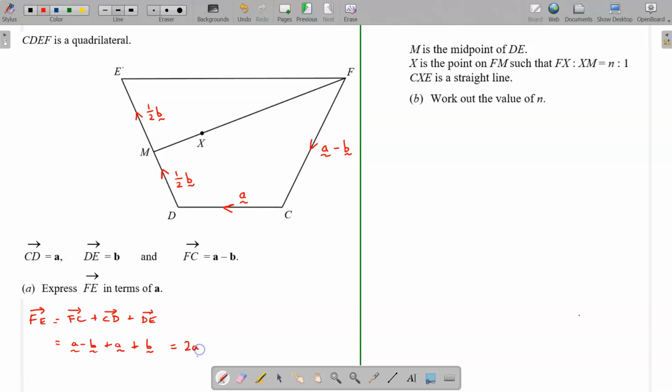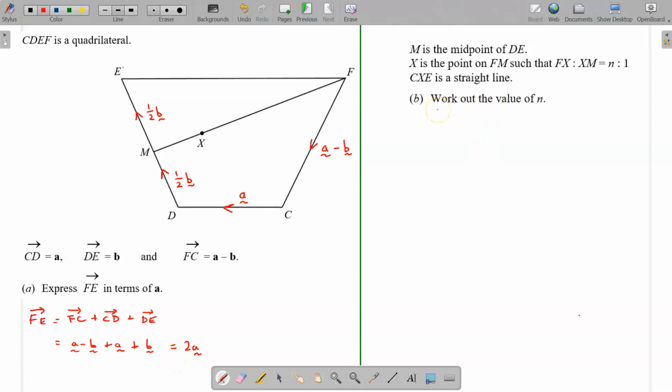And as you would have expected, there's no B term, because it's telling us that they're basically parallel. So there's the answer to part A. It's quite straightforward, that part.